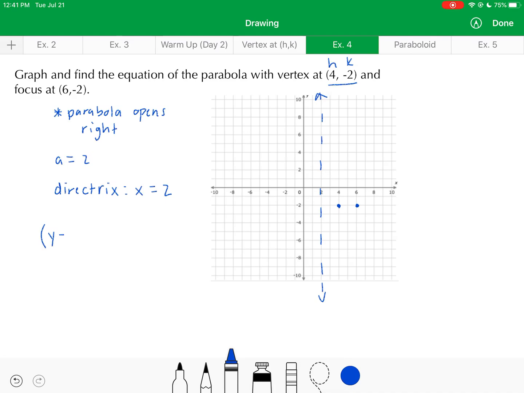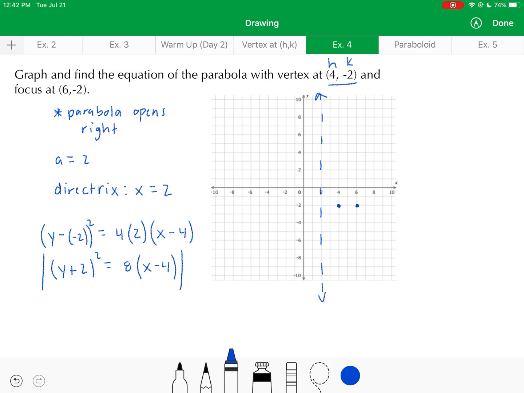So that's y subtracted by -2 being squared equals, if I'm opening right, I should have a +4 times my a value of 2 being multiplied by the quantity of x minus 4, the x coordinate from the vertex. So cleaning this up, this is y plus 2 to the second power is equal to 8 times the quantity of x minus 4. All right, so there's my equation.